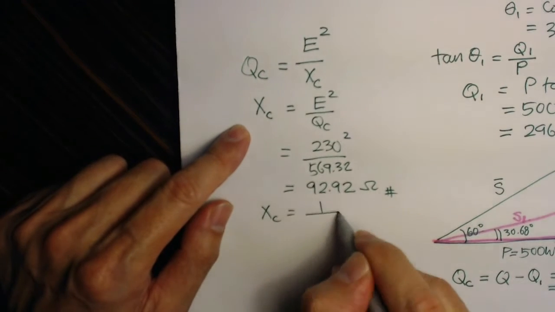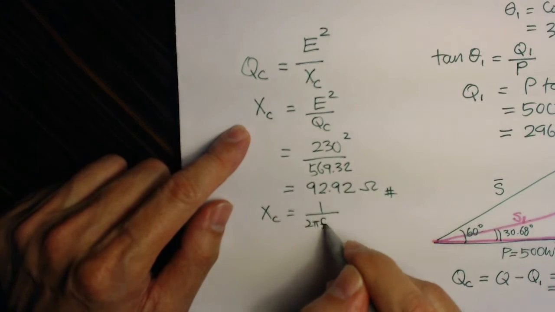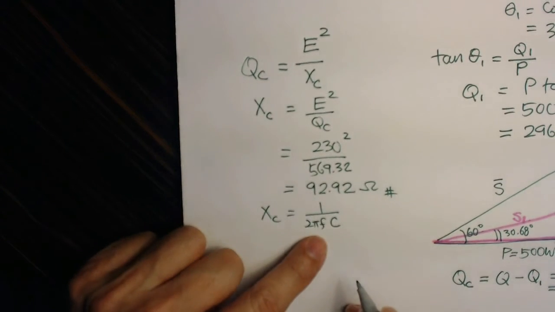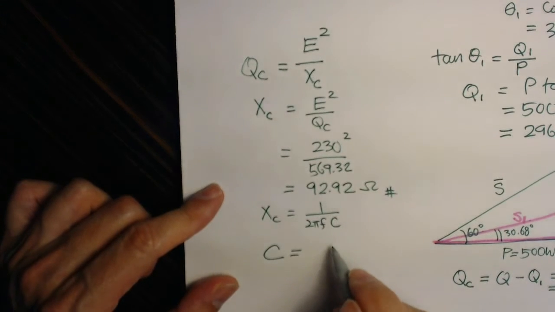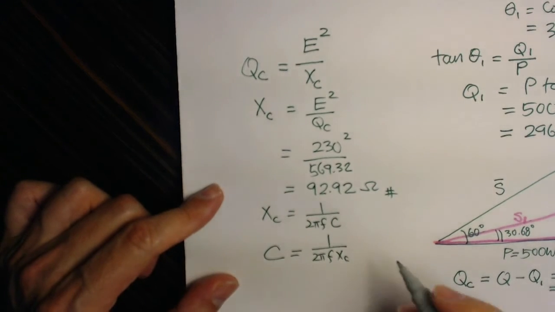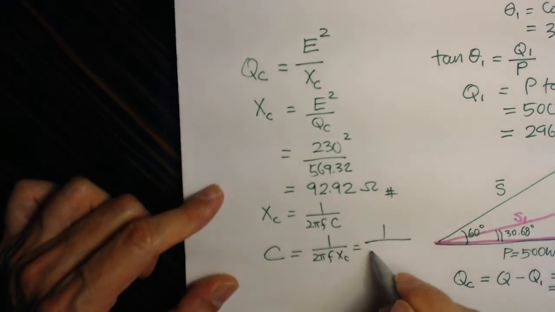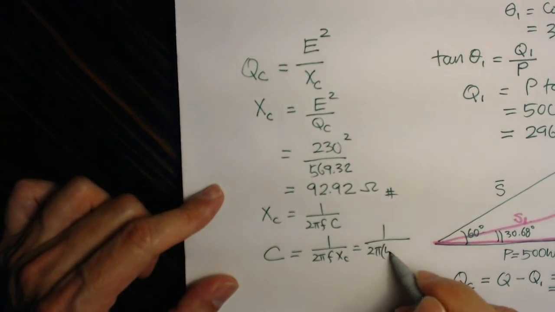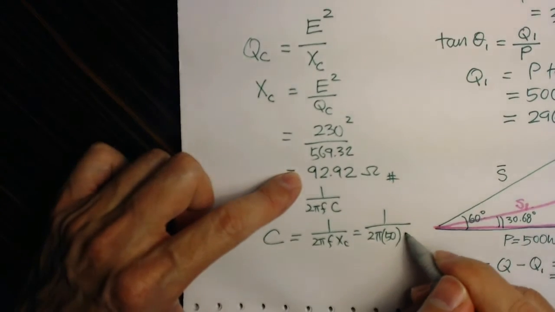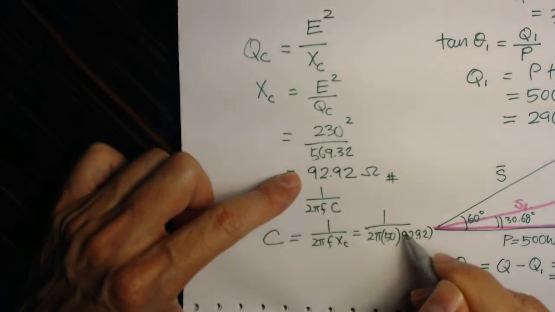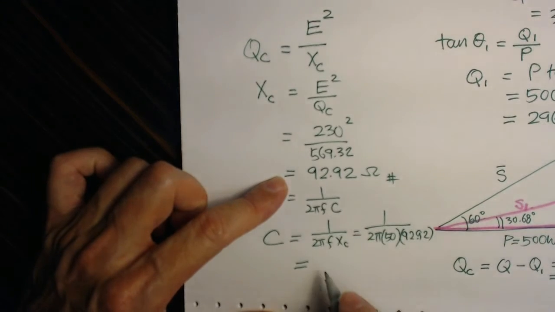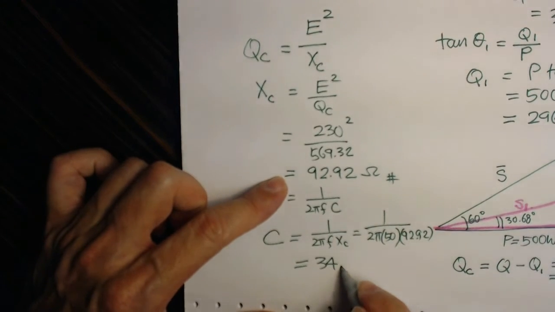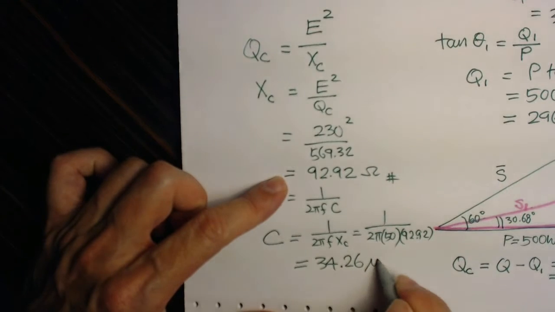Now we know XC can be calculated from this formula. XC is 1 upon 2 pi F C, where C is the capacitor's value. Okay, so rearrange this formula, the capacitor value that I need is C equals 1 upon 2 pi F XC. That equals 1 upon 2 pi times 50 Hertz times 92.92 ohms. That gives me a capacitor value of 34.26 microfarad.